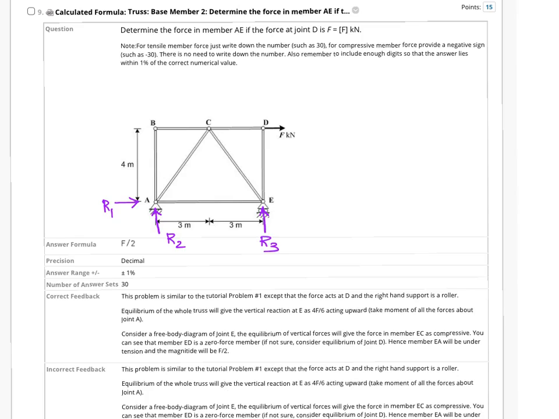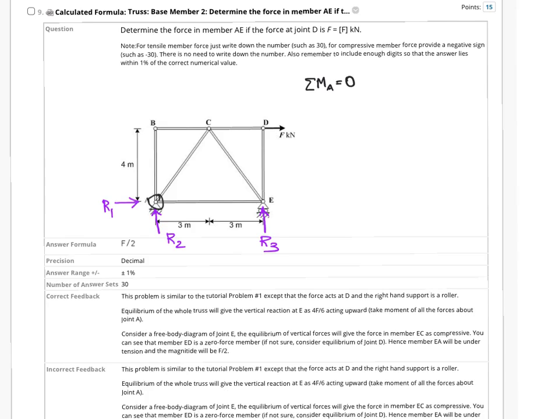Now if you take moment about point A, because I'm interested in R3 to start with, so if we take moment about point A is equal to 0, then R3 would try to rotate the truss in the anti-clockwise direction. So what is the moment?